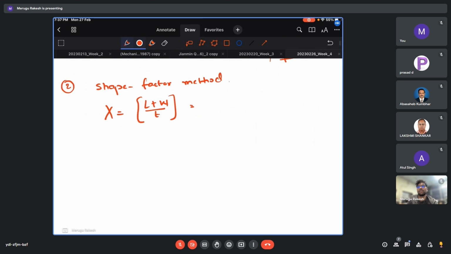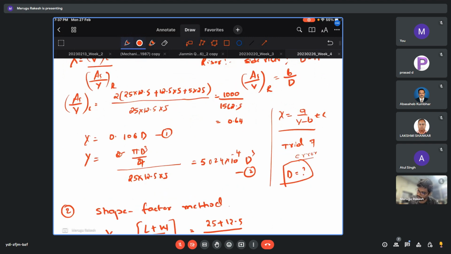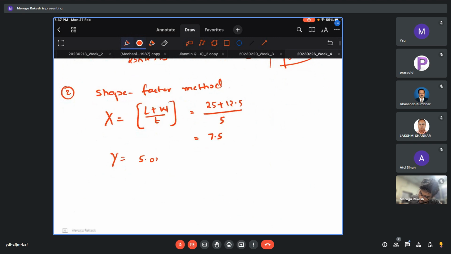So we have the length of the casting, that is 25 plus 12.5 divided by 5, that is 7.5. And Y we have, then we use the same formula, that is X is equal to A by (Y minus B) plus C. Just we have this X value as 7.5. That's the difference. The rest are the same.